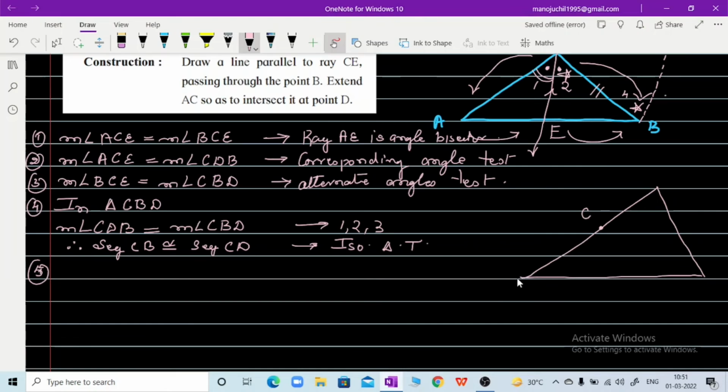This was C, A, B, and this point was D. According to construction, we have drawn CE parallel to DB.